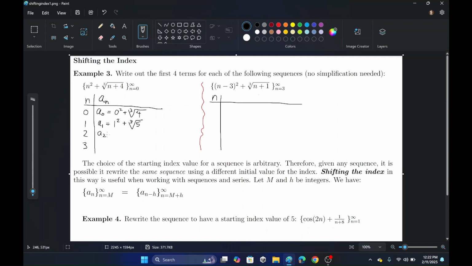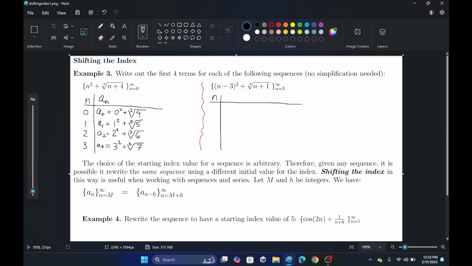So a_2 is going to be 2 squared plus the cube root of 2 plus 4, so that's cube root of 6. And then finally, a_3 is equal to 3 squared plus the cube root of 7. Okay, so we finished off writing out the first 4 terms of this sequence.